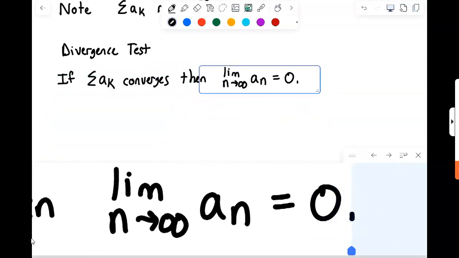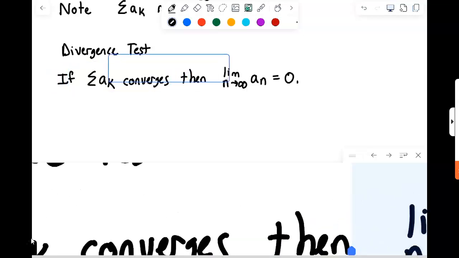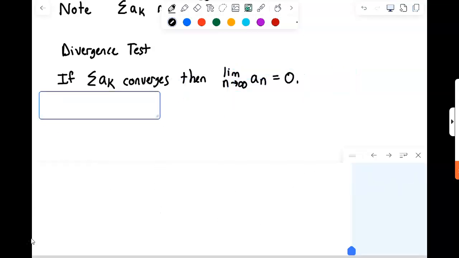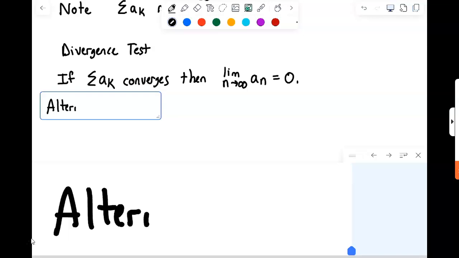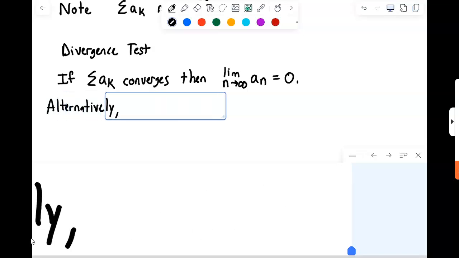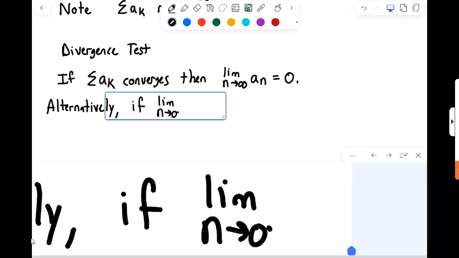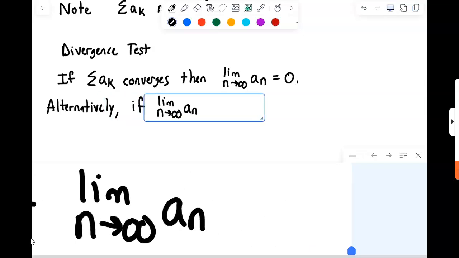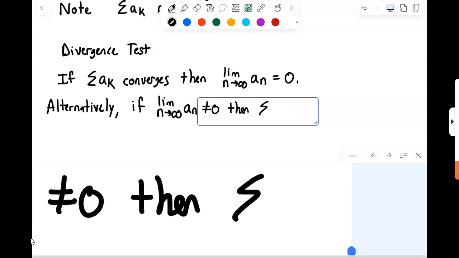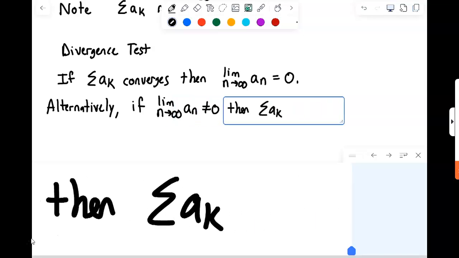Now, we can take this statement here, if the sum converges, then the limit goes to 0. And we can actually write it in an alternative form, which is probably more useful for the divergence test. Alternatively, we could say if the limit as n goes to infinity of a_n is not 0, then the infinite series diverges.